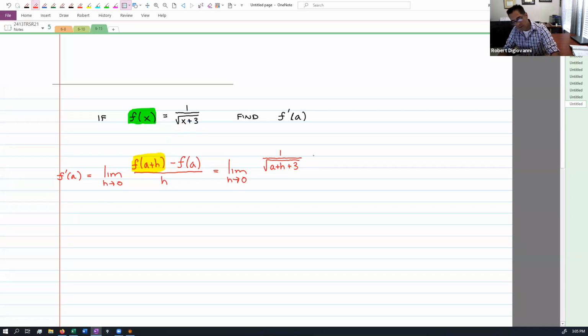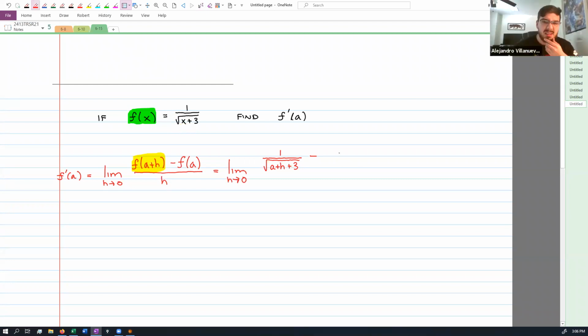Then we want to subtract from that. We'll stick with you, Alejandro. What about the next piece? What if I ask you to plug a into this function? What is it? So replace this x with a, and what do you have?